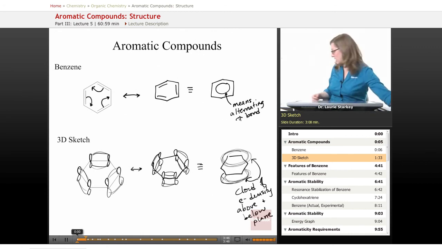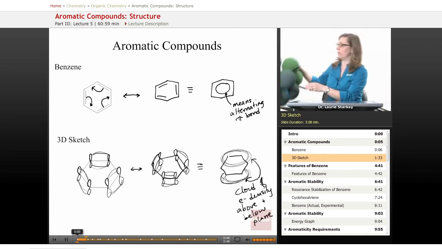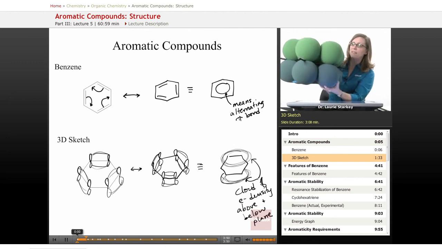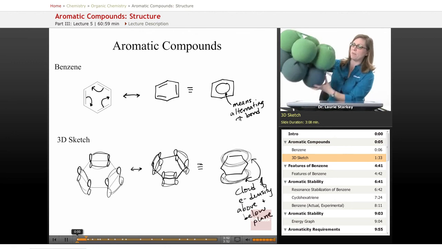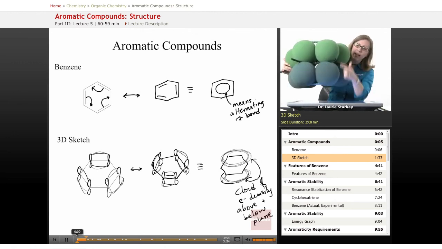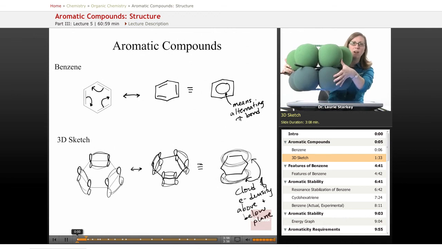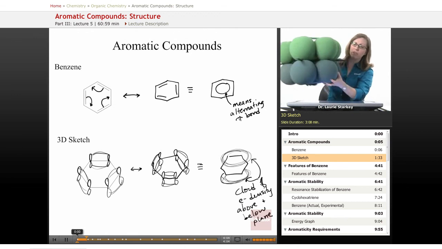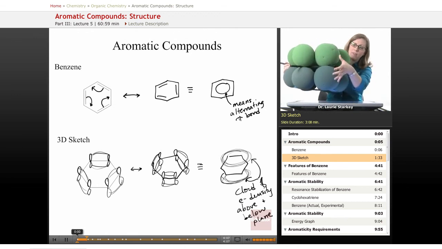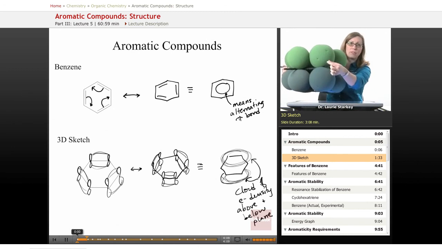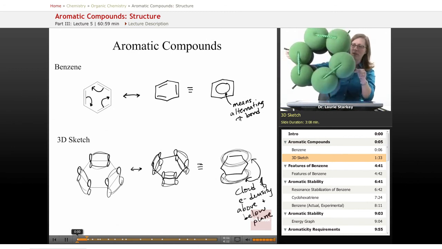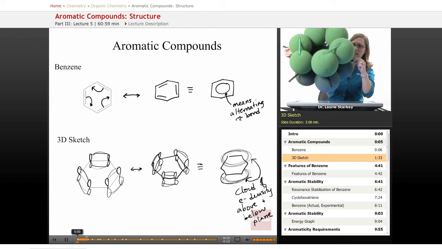Okay, another model that's a lot of fun, but kind of huge, is this one. And this shows, again, same thing. Each blue and green pair represents a p orbital. Remember, a lot of times we color them differently because they have different mathematical signs. And so on every single carbon, we have a p orbital. We also have a hydrogen pointing straight out, that's in the plane of the molecule.